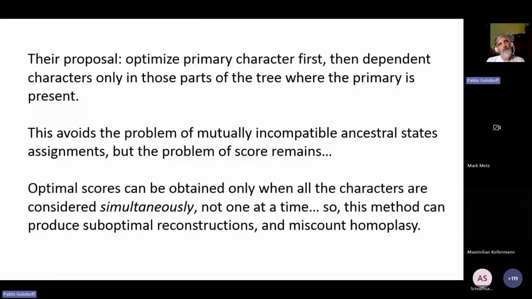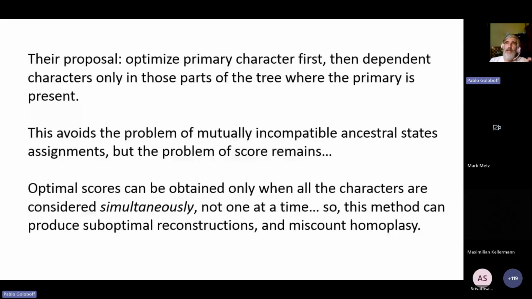The proposal by Brassot et al. is that you optimize the primary character first, and then, subsequently, the dependent characters, but only in those parts of the tree where the primary is present. This, indeed, avoids the problem of mutually incompatible ancestral state assignments, right? But the problem of score remains.